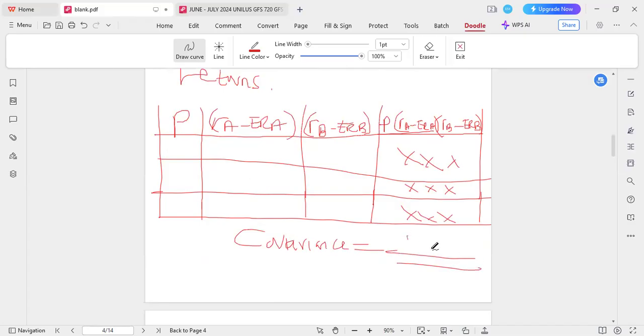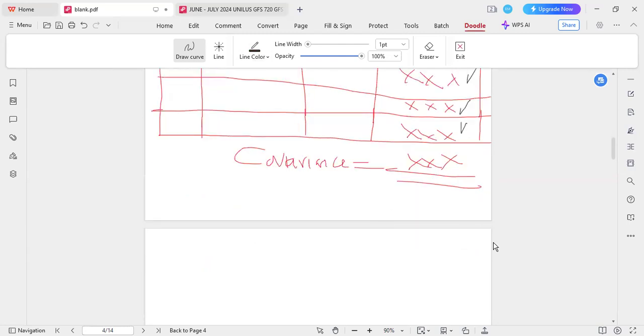The summation of all these will give us the covariance.